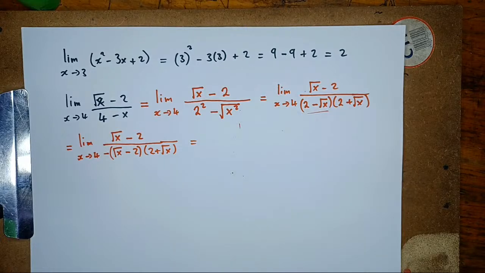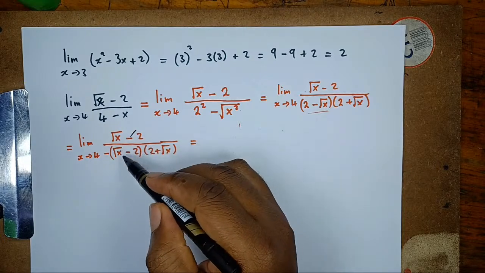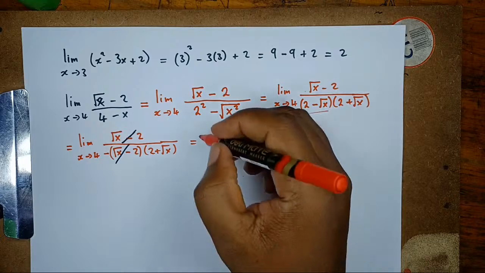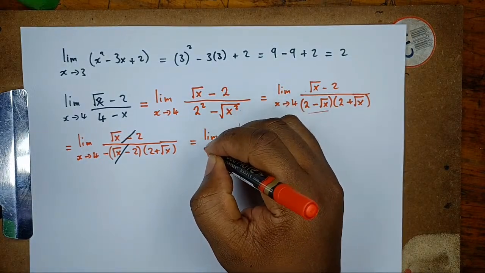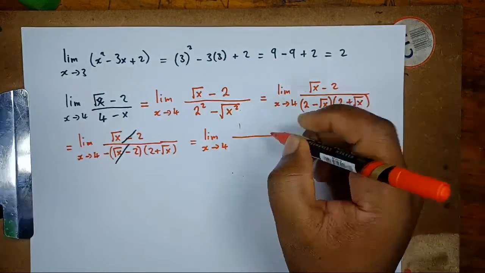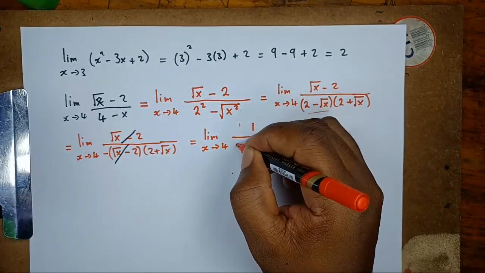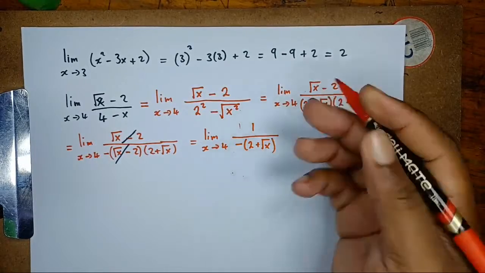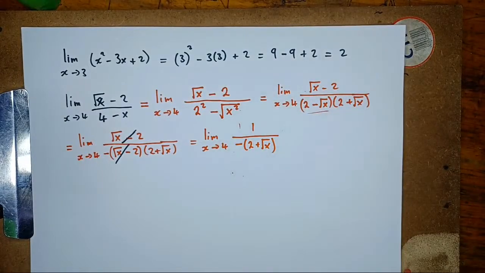At this stage, it's clear that this and this can just cancel out. So what remains in this case is just the limit as x approaches 4 of 1 over negative times 2 plus root x. Okay, as simple as that. Now let's apply the limit.